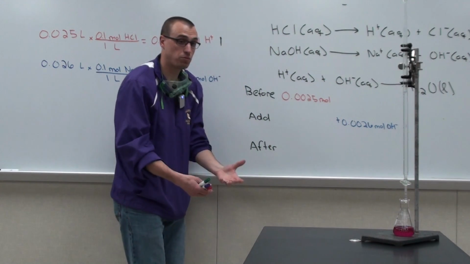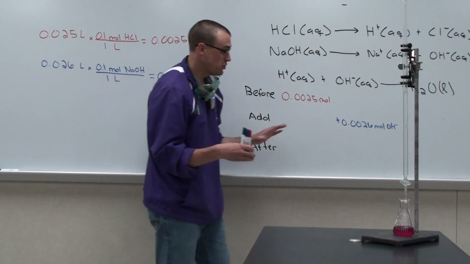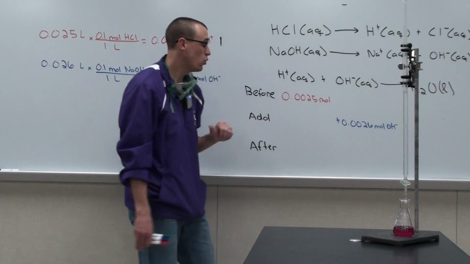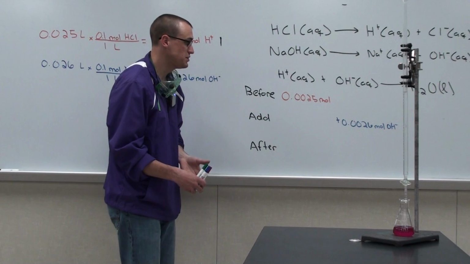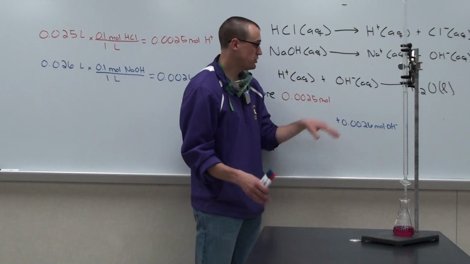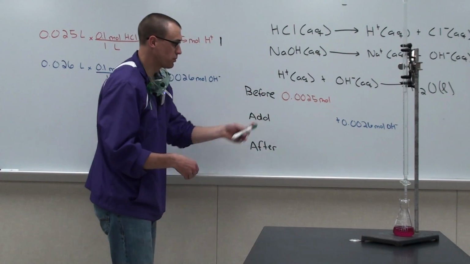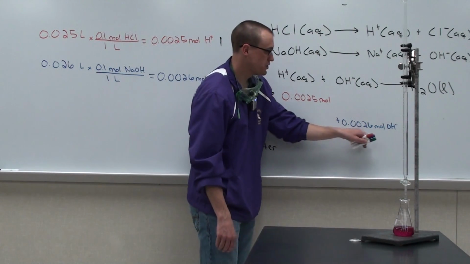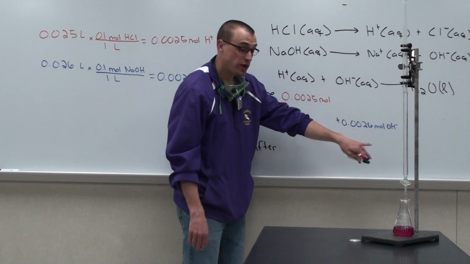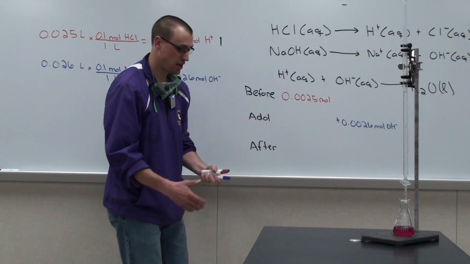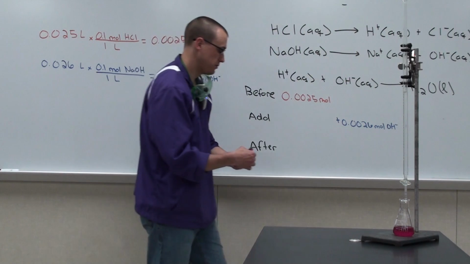We now have leftover base. So I'm going to subtract the total number of moles of H plus ions, and find out how much OH minus is left over. So I take 0.0026 moles of OH minus and subtract the number of moles of H plus ions that it's reacted with.